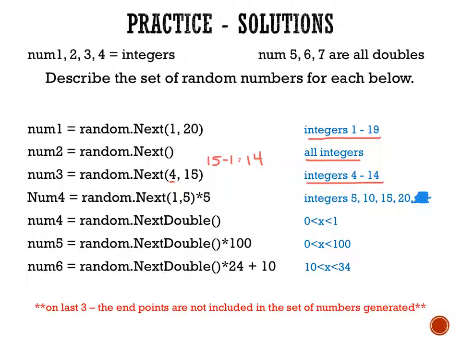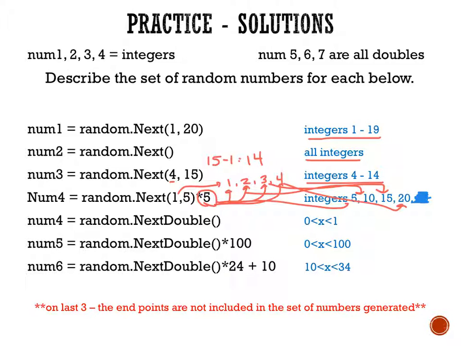You know that next 1, 5, this piece right here, is generating the numbers 1, 2, 3, or 4. And then essentially what we're doing is we're multiplying each of those by 5. So 1 times 5 is 5. 2 times 5 is 10. 3 times 5 is 15. 4 times 5 is 20.